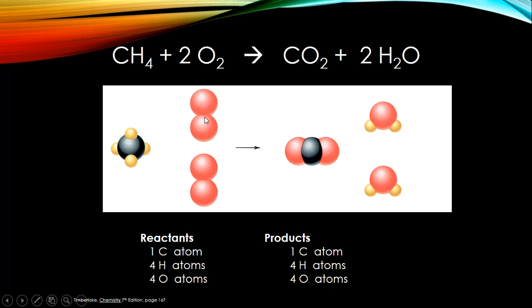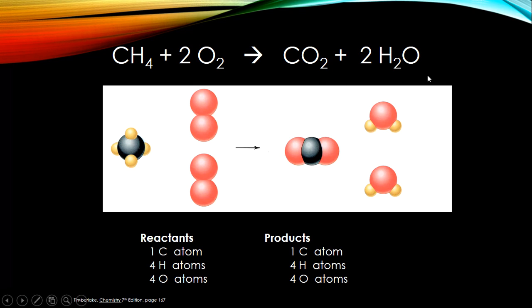On the reactant side, I have 1 carbon, 4 hydrogens, and 4 O's. You'll notice I have 4 because I have 2 of the O2s. If I just had 1, then I would only have 2 oxygen atoms. On the product side, I also have 1 carbon, 4 hydrogen, and 4 oxygen atoms.